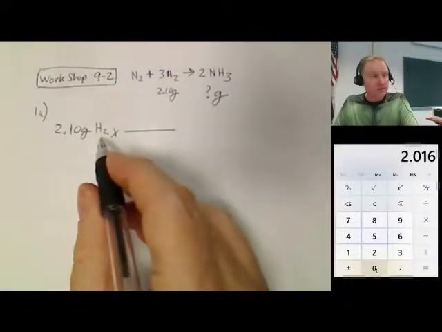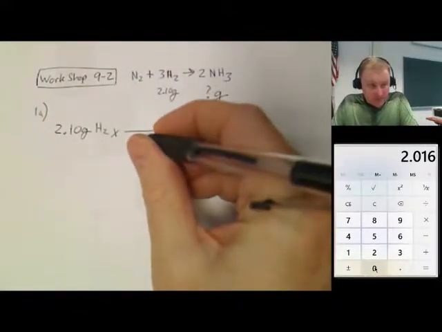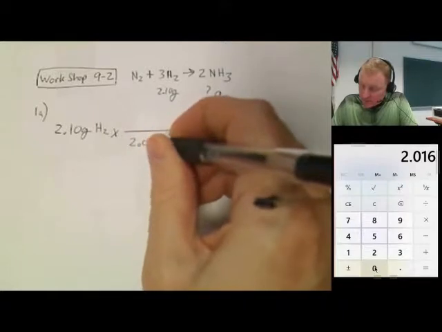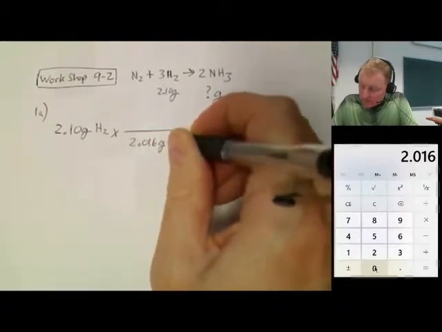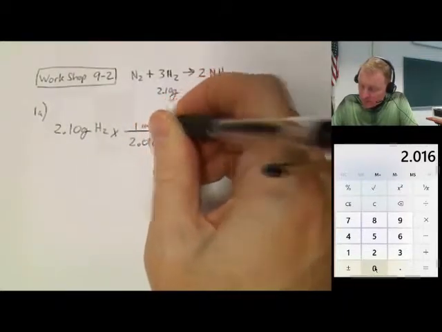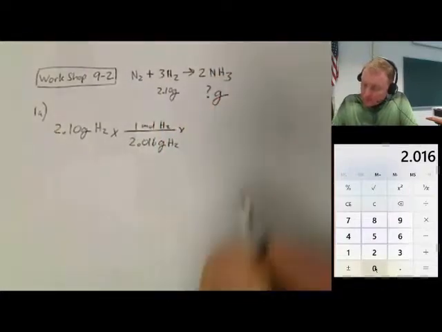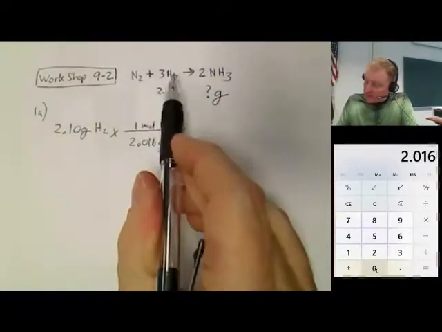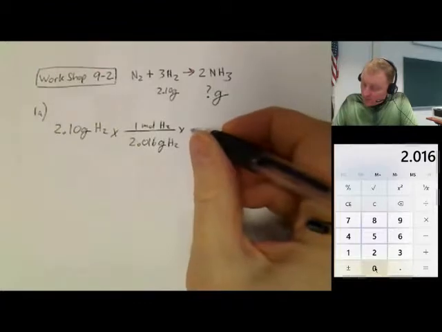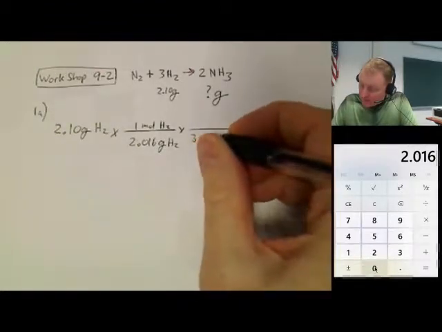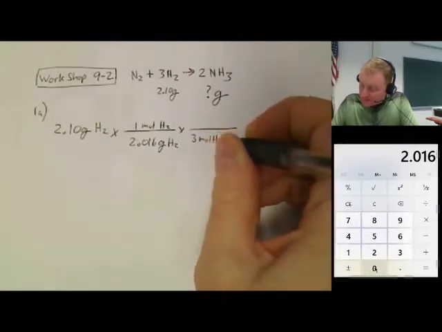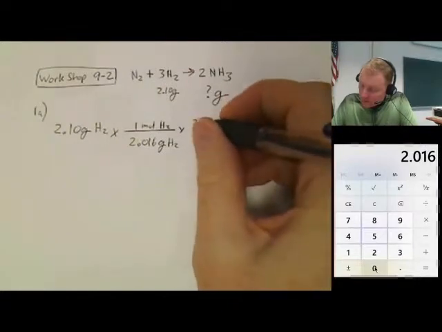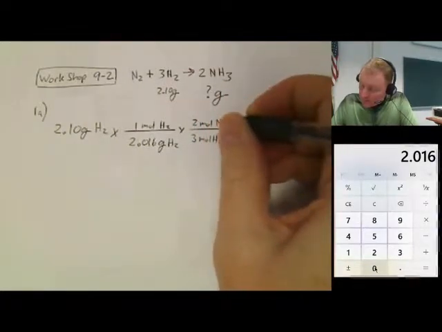So there are 2.016 grams of hydrogen for 1 mole of hydrogen. And now I can say the molar relationship is a 3:2 ratio. For every 3 moles of hydrogen, there are 2 moles of ammonia.